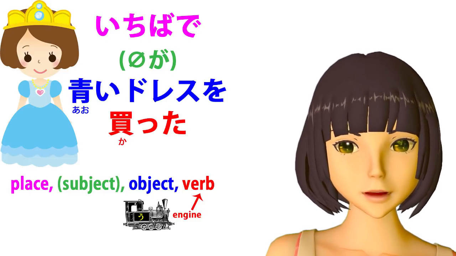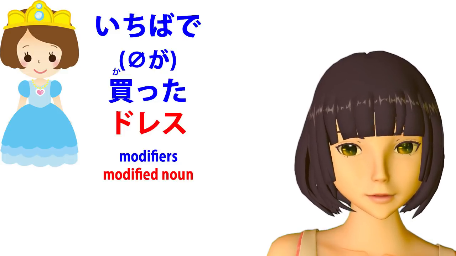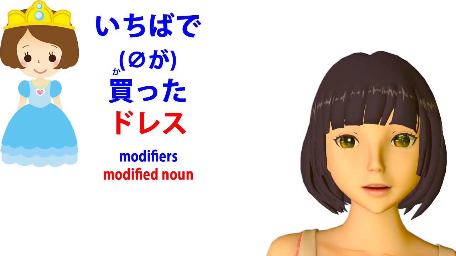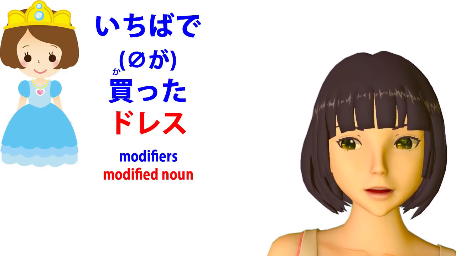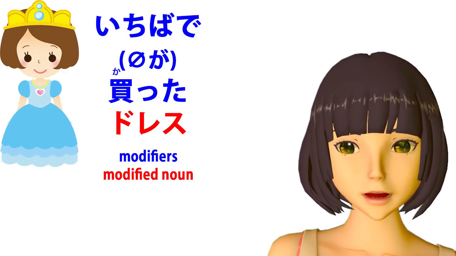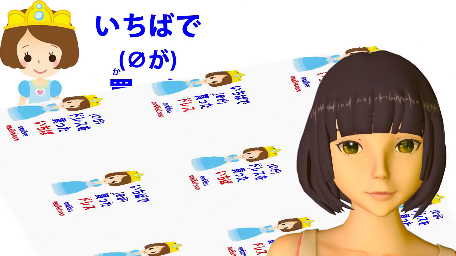So, if we say, Ichiba de katta doresu, we're saying, the dress I bought at the market. This is no longer a logical clause, it's a modified noun, and the noun is the dress.